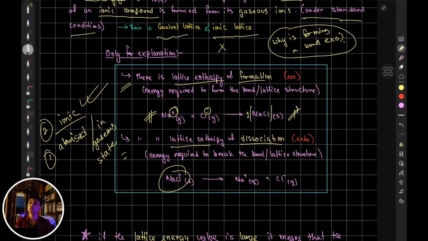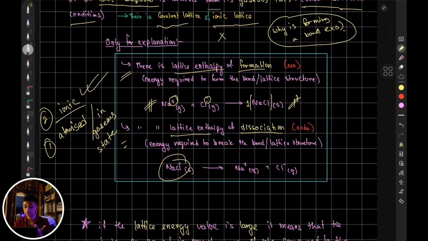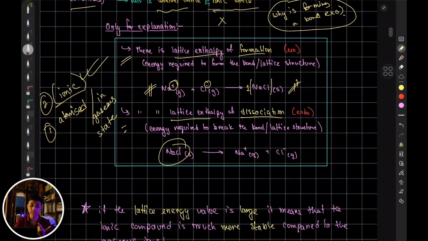You may add it to water or any solvent, and you're dissociating the ionic compound and reversing the process basically. You're creating the ions, the sodium ion and the gaseous chlorine ion. Both of them are supposed to be gases because they were initially ionic and atomized. So in dissociation, you're reversing the process.